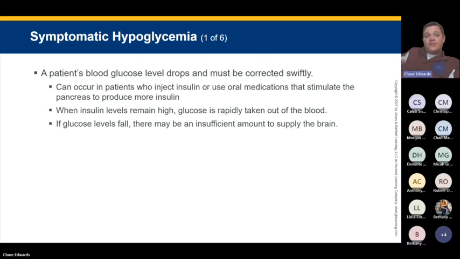If glucose levels fall, there may be an insufficient amount to supply the brain. If glucose or oxygen aren't getting to the brain, what's the brain going to do? It's going to be a drama queen.